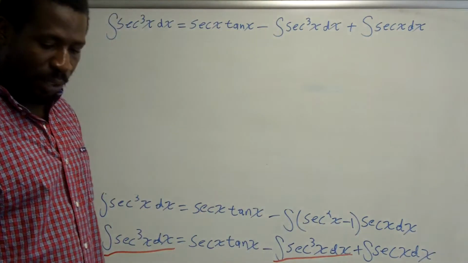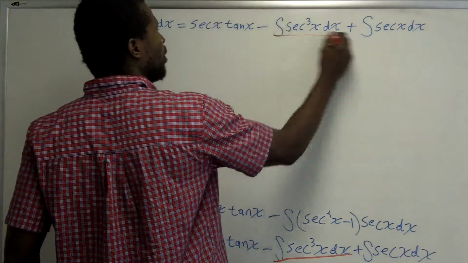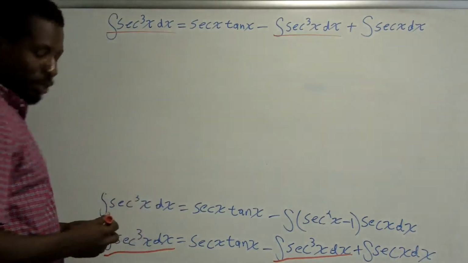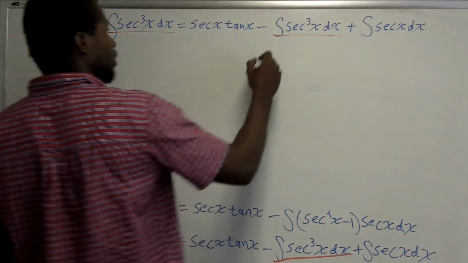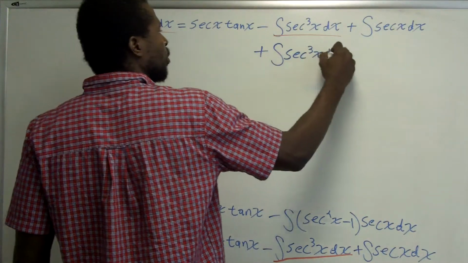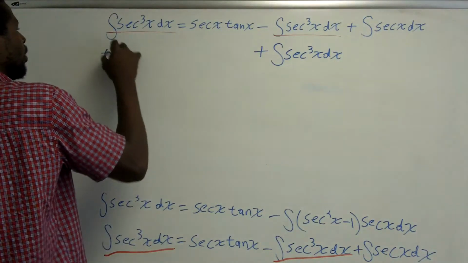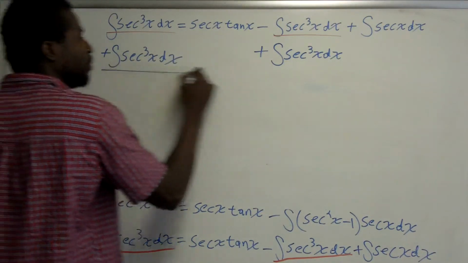All right, so I have that. Since this term appears on both sides of the equal sign, I'm going to put them both on one side and collect like terms. So I'm going to add the integral of secant cubed of x dx to both sides.